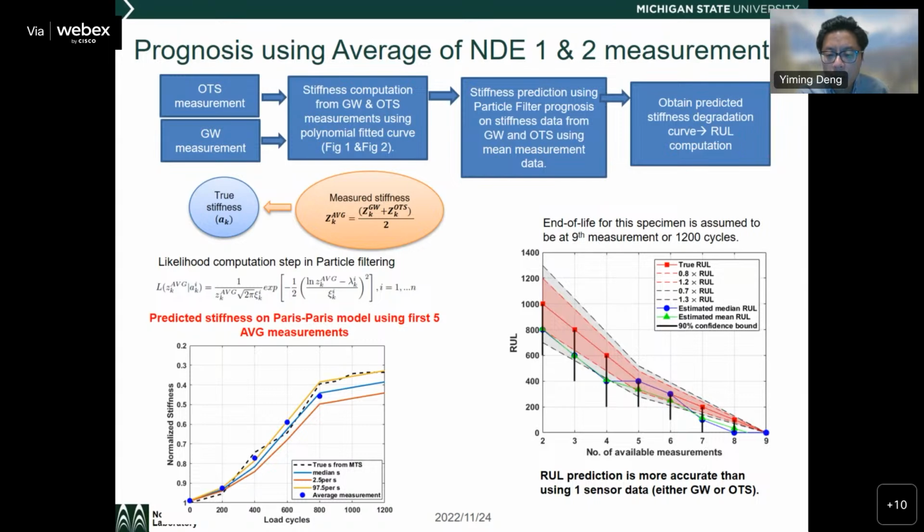And the RUL prediction is more accurate than using one sensor data, either guided wave or OTS. If you look at the RUL estimation here, well, not bad, right? Not bad.